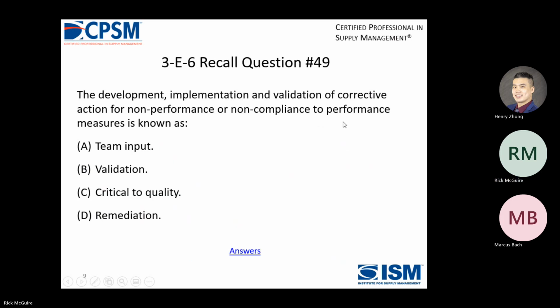All right. The development, implementation, and validation of corrective action from non-performance or non-compliance to performance measures is known as what? Development, implementation, and validation of corrective action. Wow, that's kind of a backwards way of saying it. So what's another word for corrective actions?